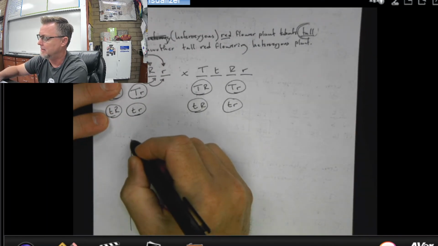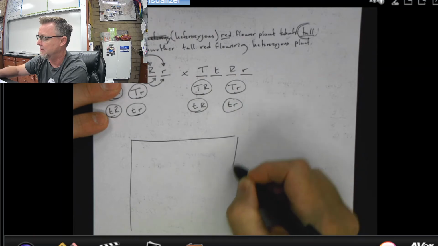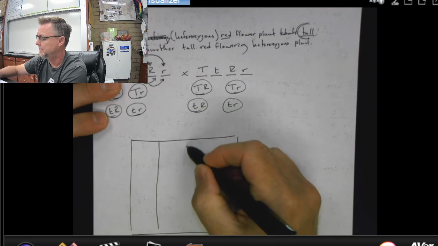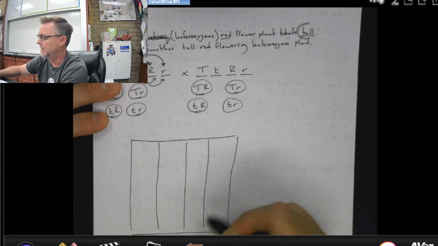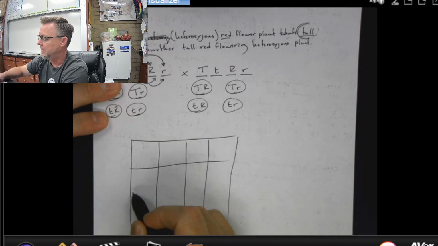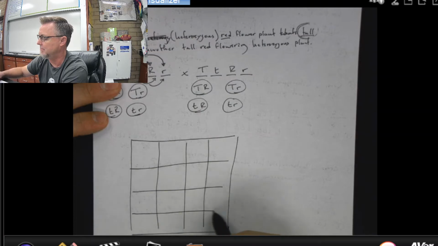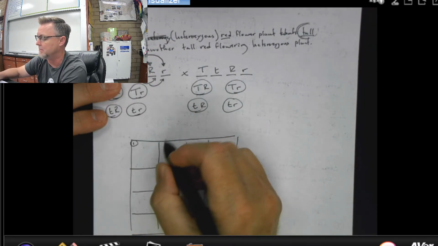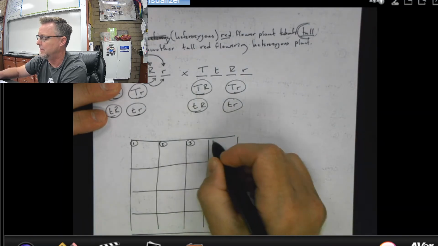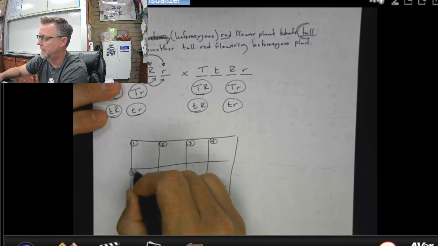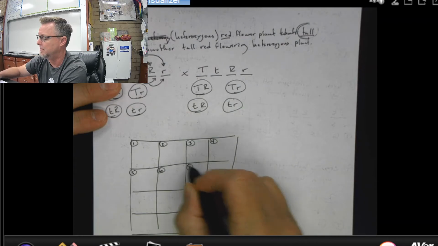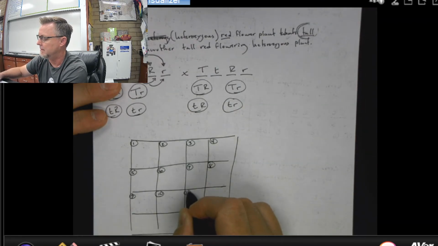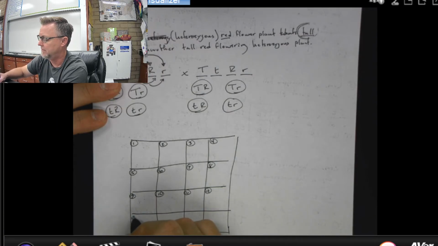Okay, it's big. All right, so you're going to need a Punnett Square that has 16 boxes in it. And these boxes are numbered like a typewriter. So that's box 1, 2, 3, 4, 5, 6, 7, 8, 9, 10, 11, 12, 13.